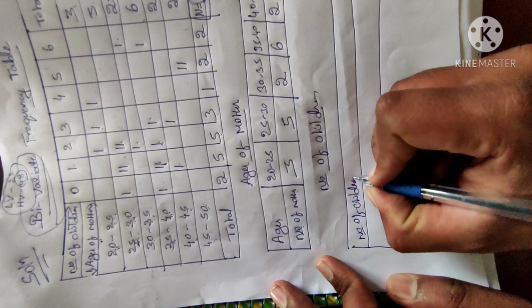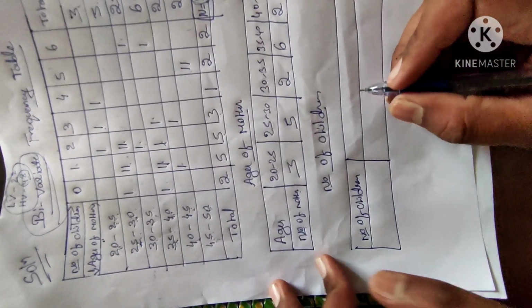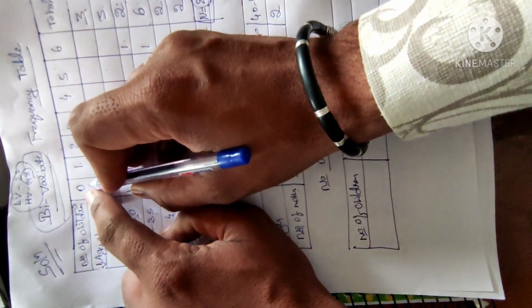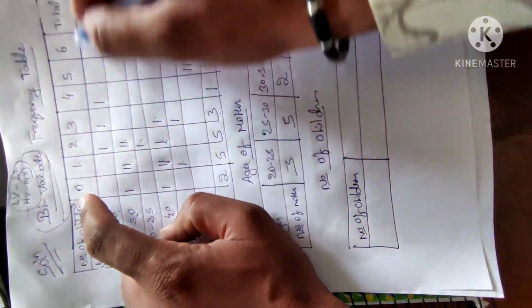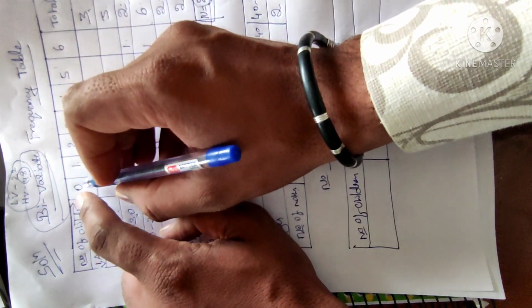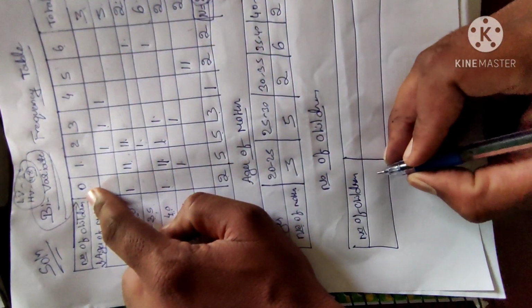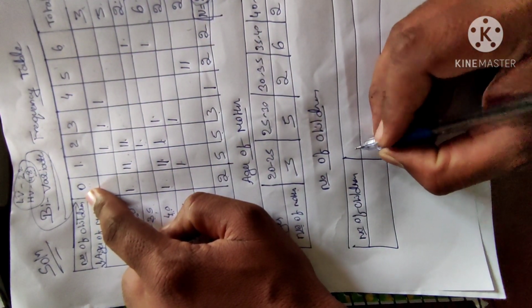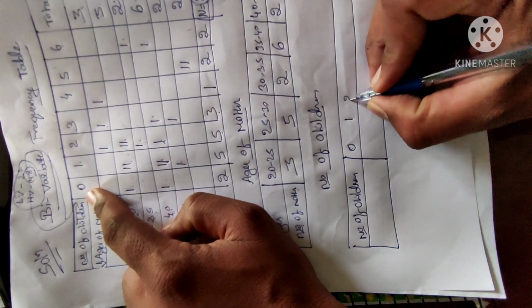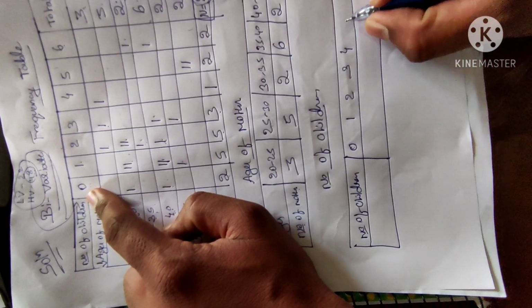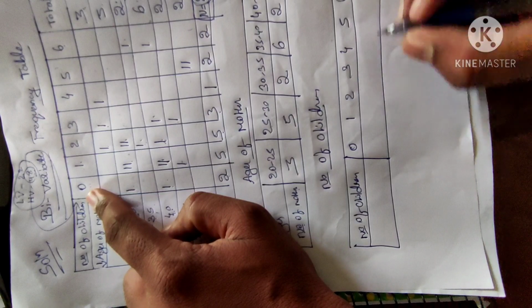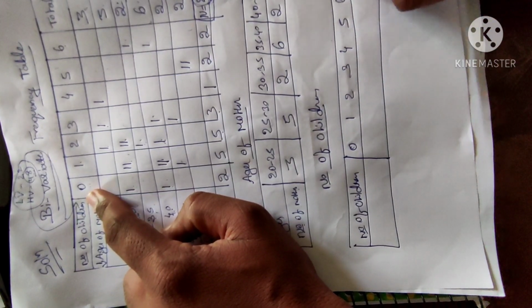I think all of you know how many rows are there here? There is a single row. Under that, the number of children maximum is 6, minimum is 0. So we should write that information here: 0, 1, 2, 3, 4, 5, 6. Next, total.